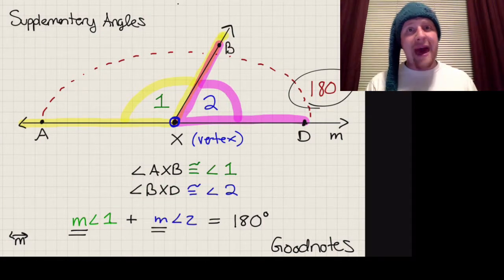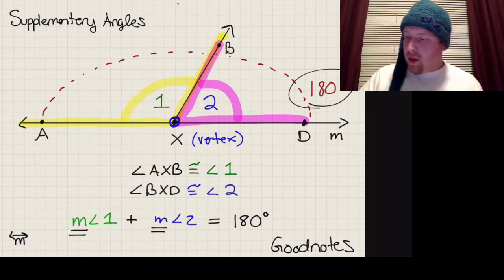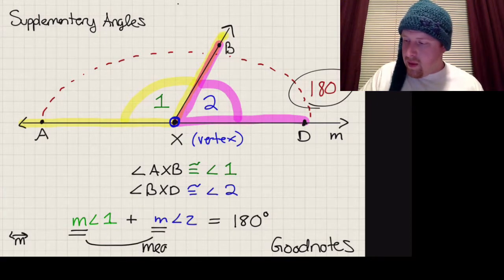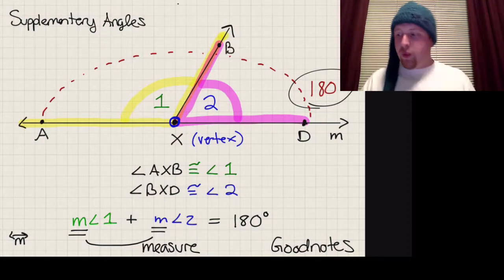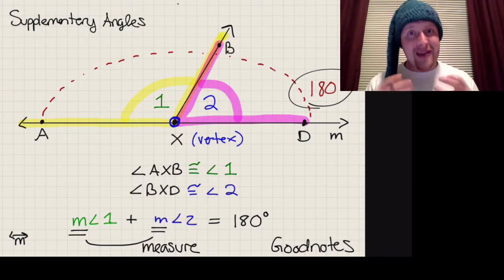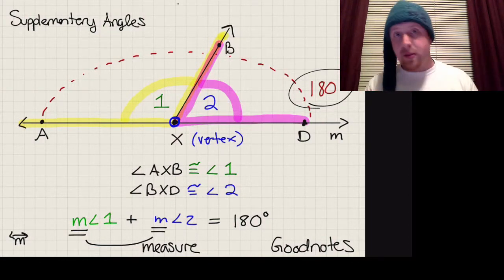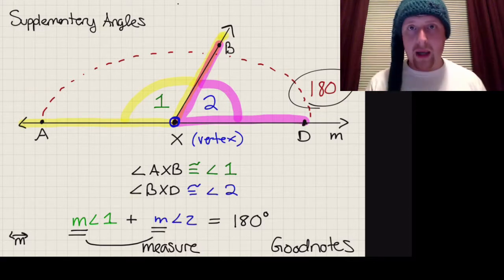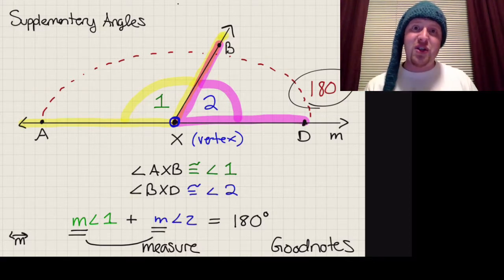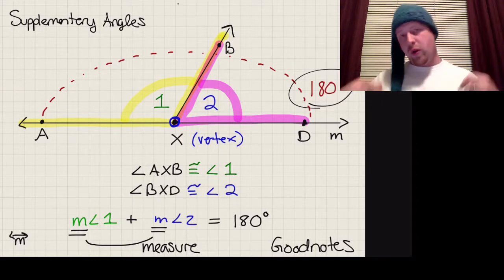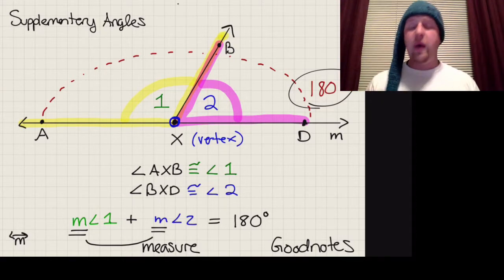And when we're dealing with adding measurements, we have little m's here that represent the measure. So when we're dealing with numbers, not just naming the objects like AXB or angle 1, but when we're actually dealing with their degree measurement, like 180 degrees or 90 degrees or 33 degrees, we use this little letter M for measure.